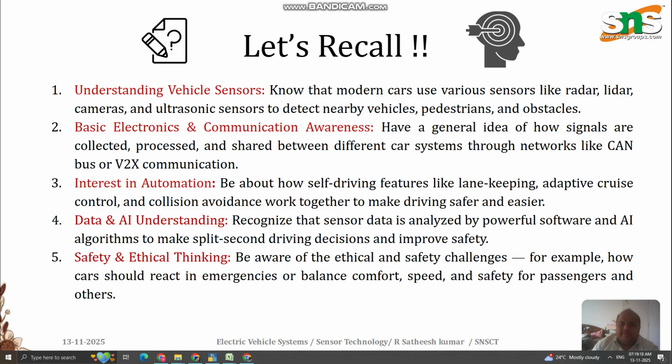Then automation process, then data and AI, then safety and ethical thinking. These are all the things we have to know in order to have a clear picture about the sensor technology concept.